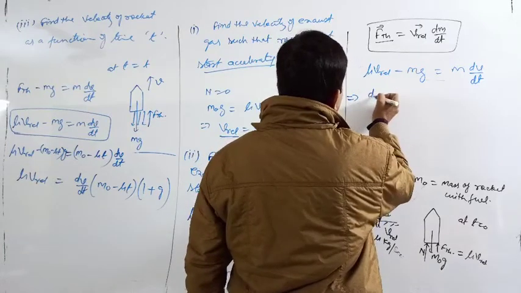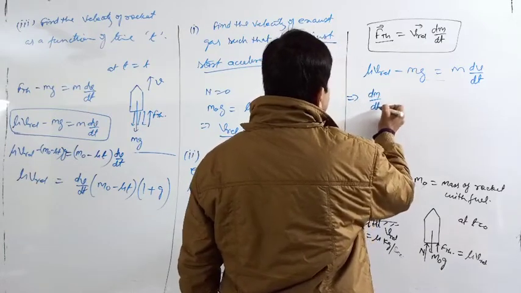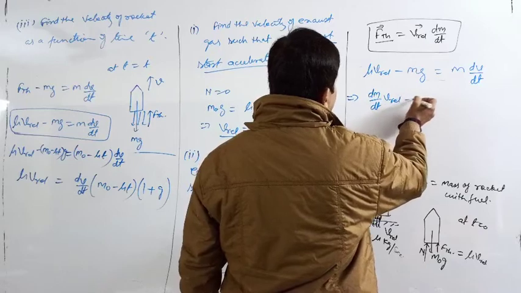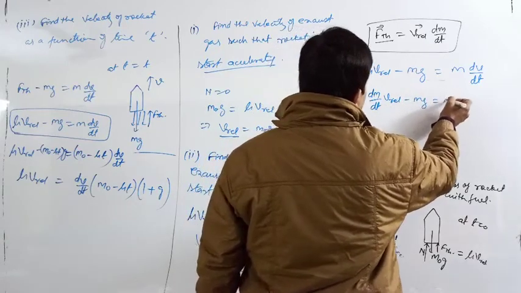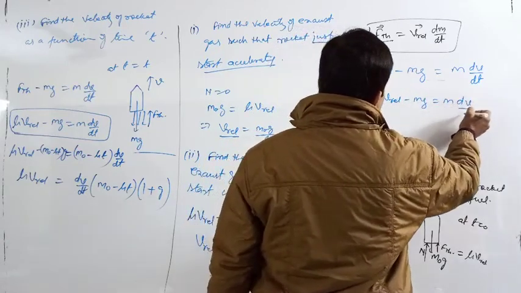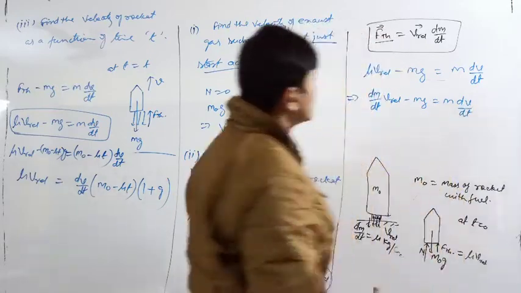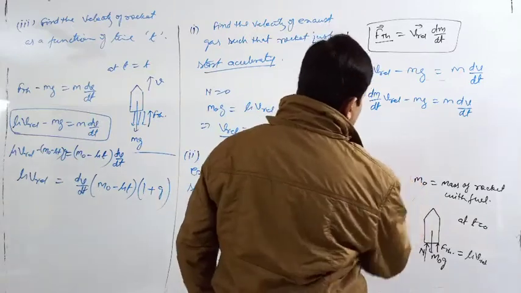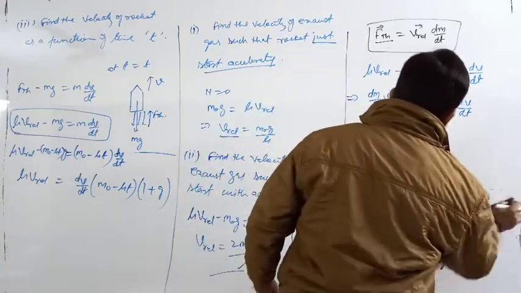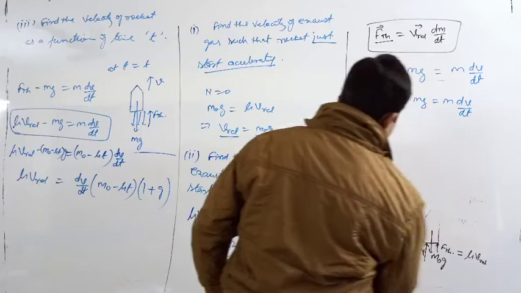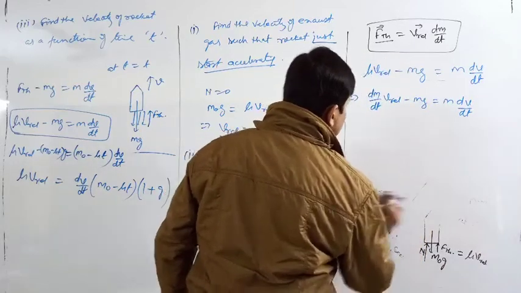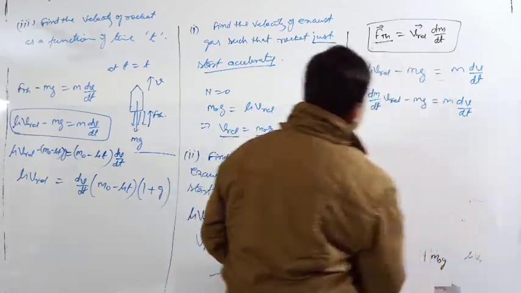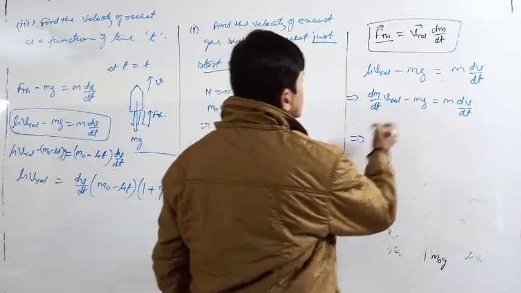So that expression we can write in terms of mass. What is mu here? It is dm by dt. So V relative dm by dt minus mg equals m dv by dt. Okay, now we can solve this one.